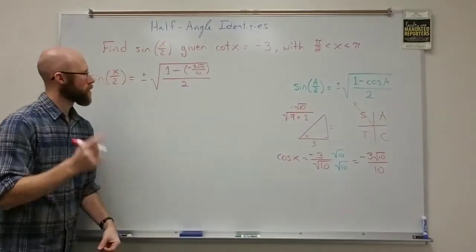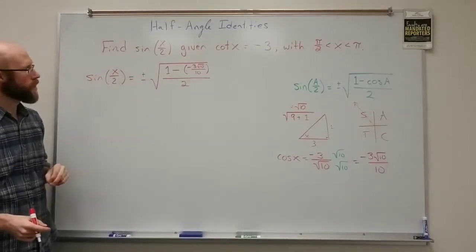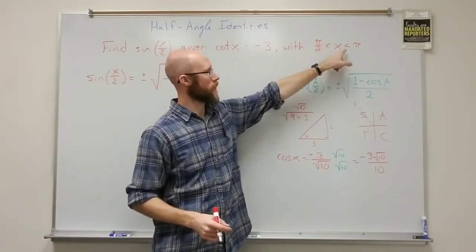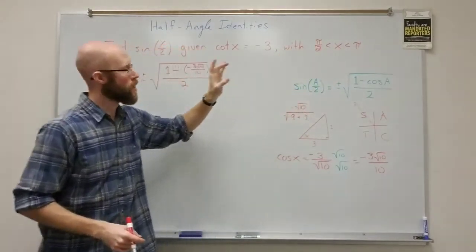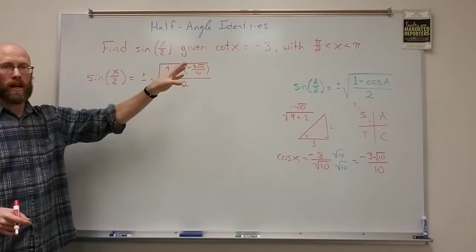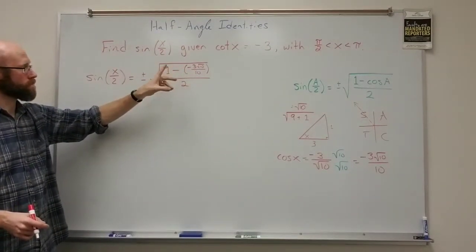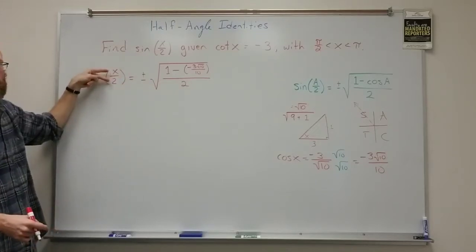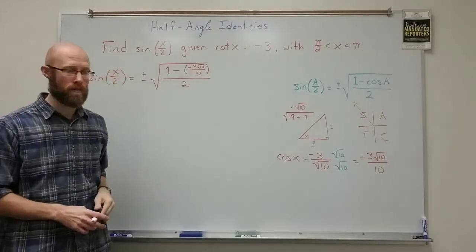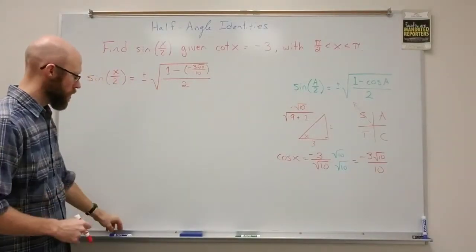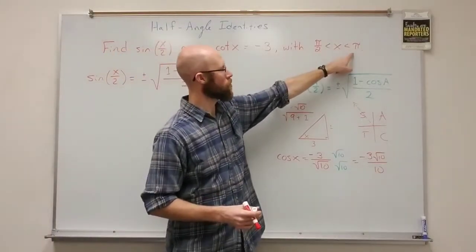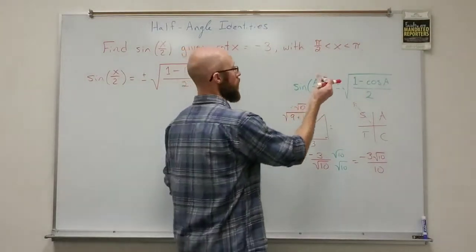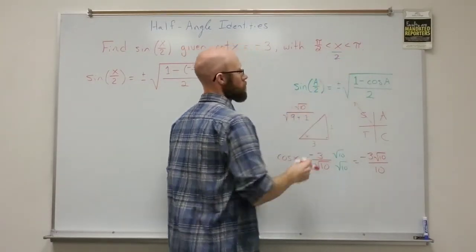Okay? Coming back to this plus or minus, if pi over 2 is less than x is less than pi, that gives us an inequality, that gives us a way to find a range for the x over 2 angle. So if I know this relationship for x, to find x over 2, I just need to divide the middle term by 2.